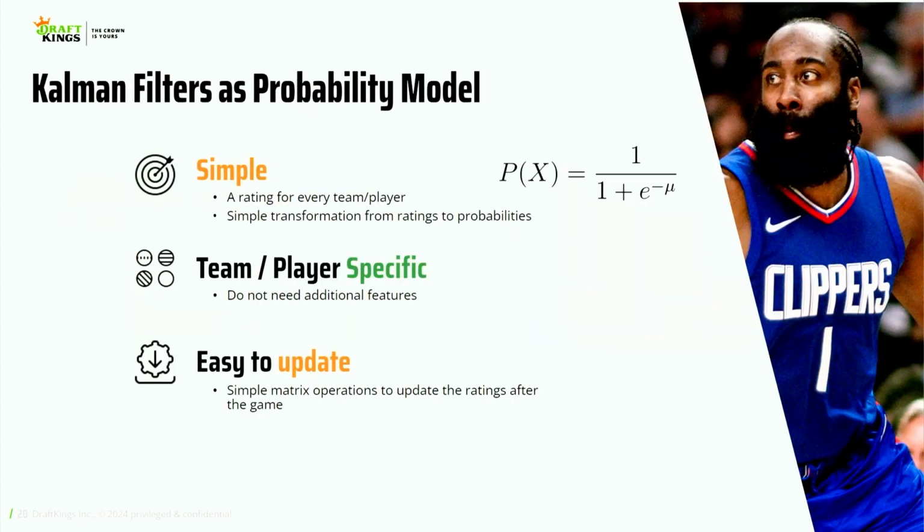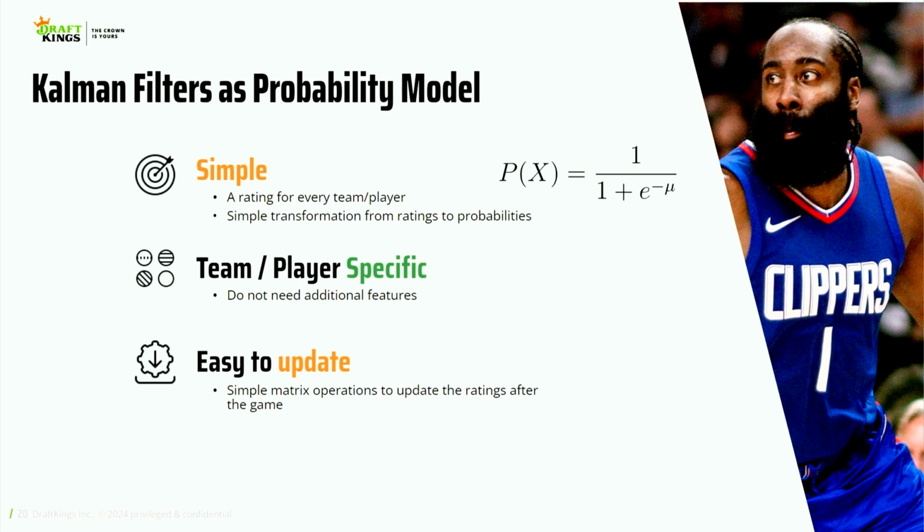That brings us to the Kalman filter. The Kalman filter is the perfect candidate for such a model. First off, it is very simple. It is essentially just a single number for each team or each player, so we can do a very simple transformation to transform the ratings to probability.